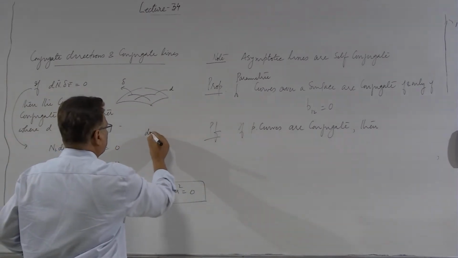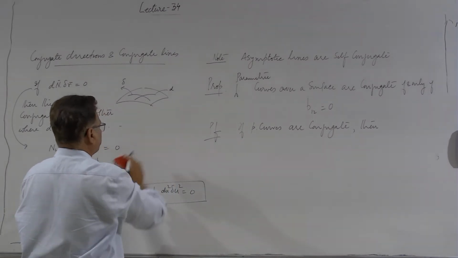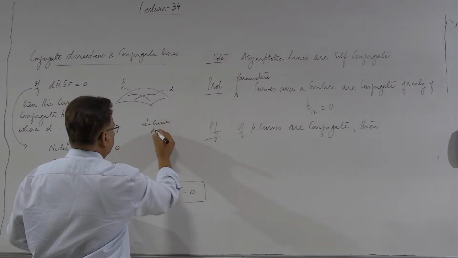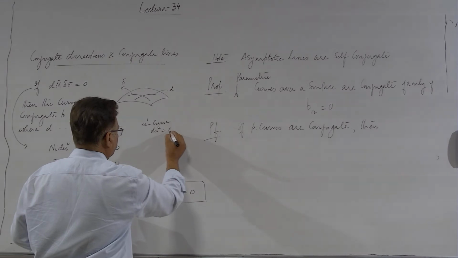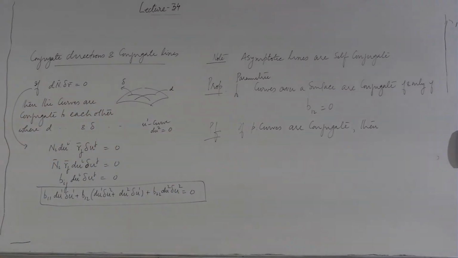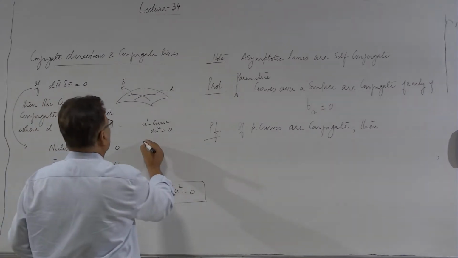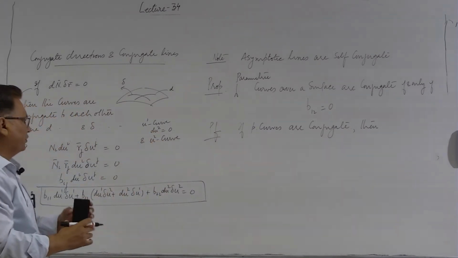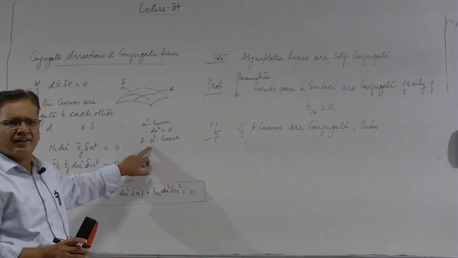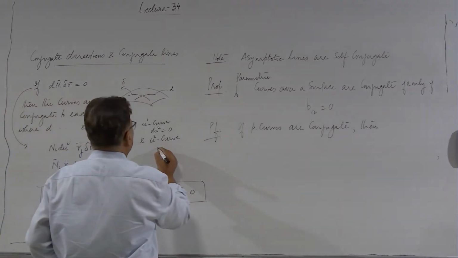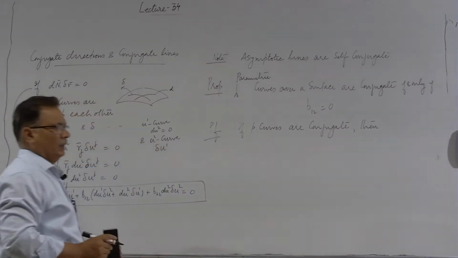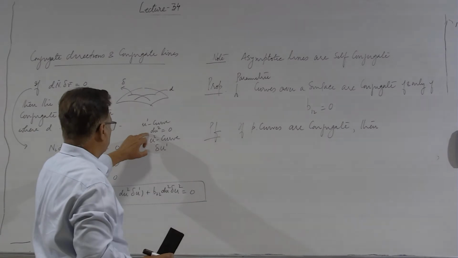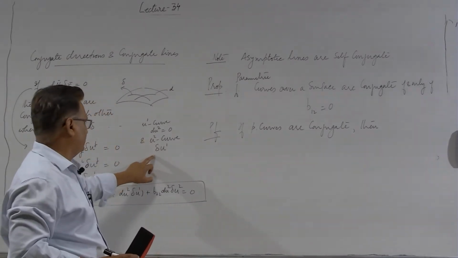For u1 curve, delta u2 will be 0. If I consider u1 curve, then du2 will be 0. And for u2 curve, I will take the differential operator as delta. So, delta u1 will be 0. So, if parametric curves are conjugate to each other, then du2 will be 0 and delta u1 is 0.